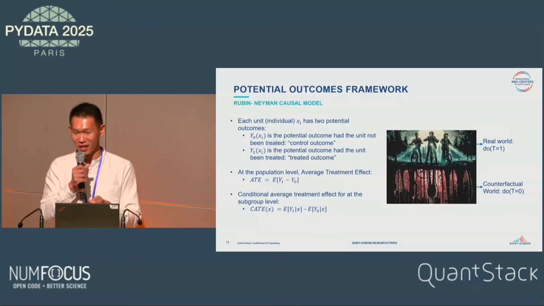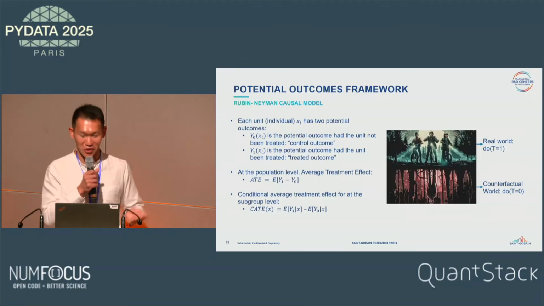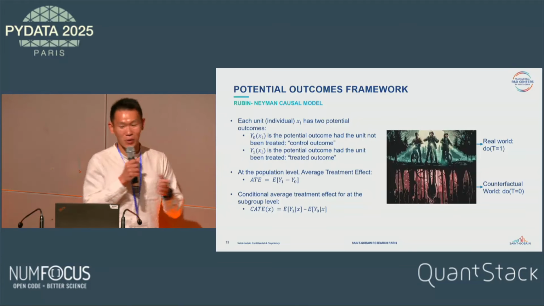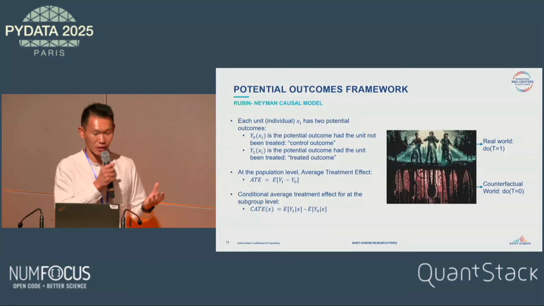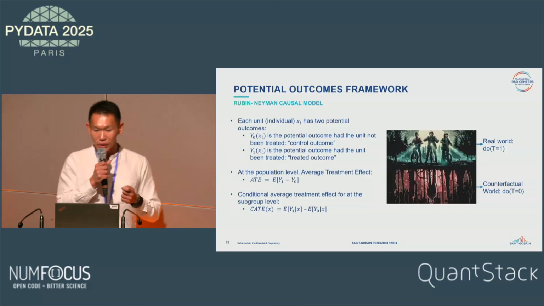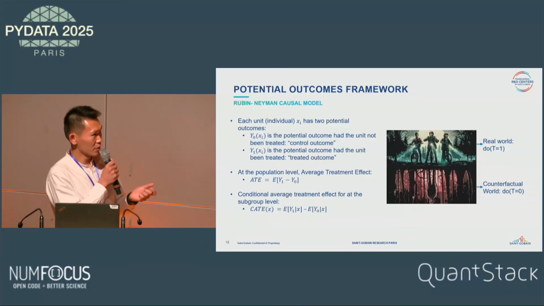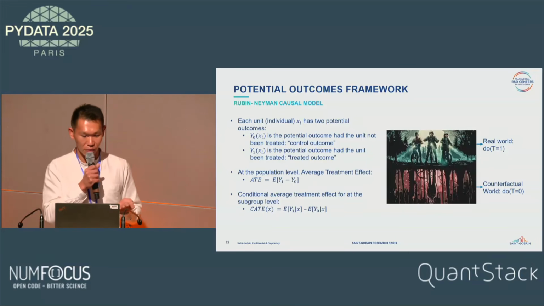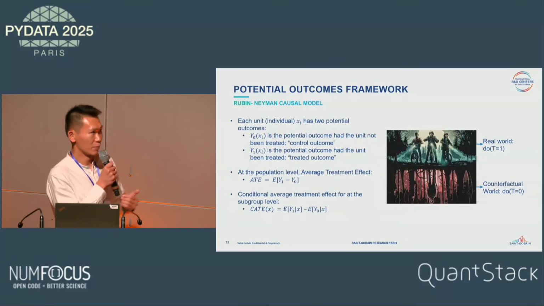You cannot have the same individual being treated and not treated at the same time. That's why we talk about potential outcomes, because we are actually just estimating this. And this gives us the possibility to calculate the average treatment effect when we look at the group level, and the conditional average treatment effect if we want to look at the subgroup level.